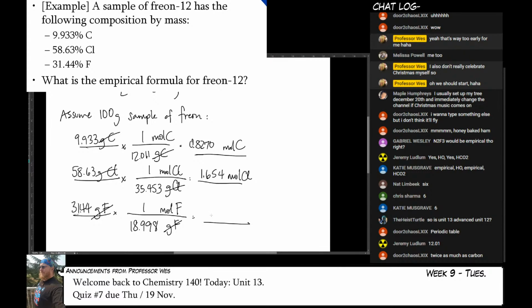And when I do this number, I get, ooh, look at that, 1.655 moles of fluorine. So the amount of chlorine and the amount of fluorine is remarkably similar. In fact, those might as well be the same. And the amount of carbon that we have is roughly half of what those are.